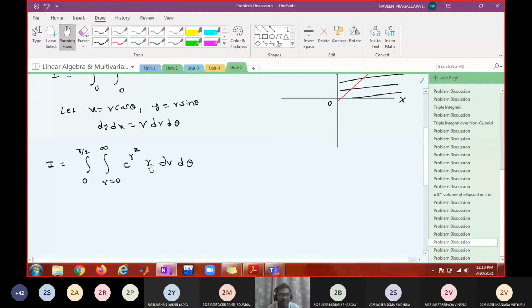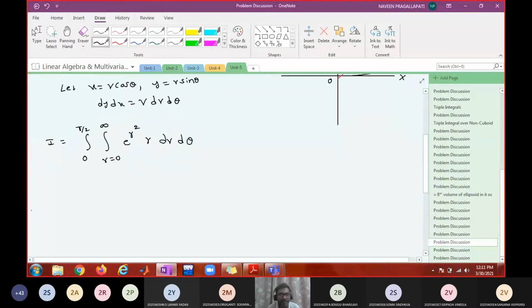And because of the presence of r, integration of this is very easy. Can you tell me the integration without taking substitution? I think easy guess, right? 0 to pi by 2. Integration of r e power r square is 1 by 2 times e power r square. Do you agree?